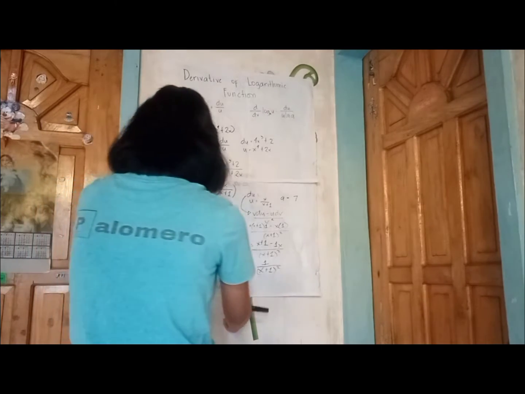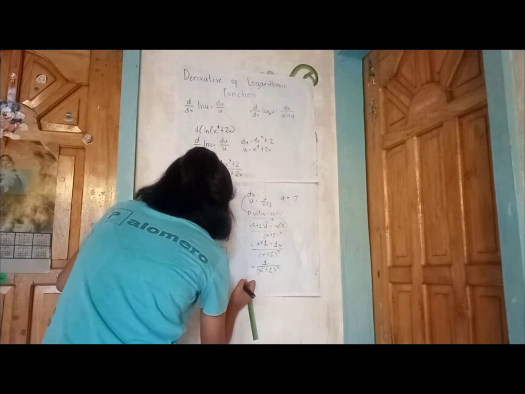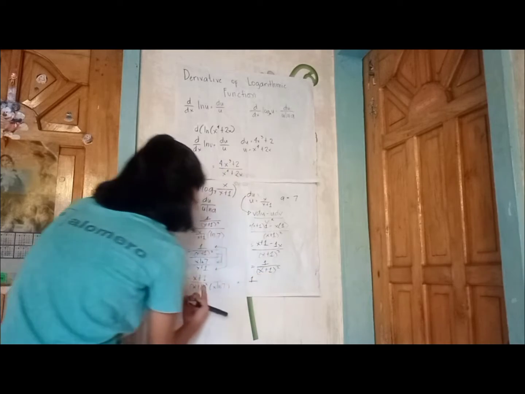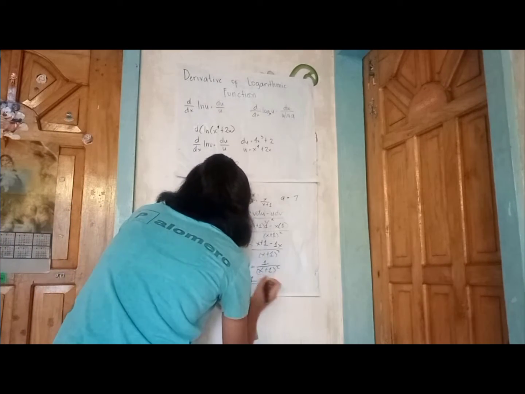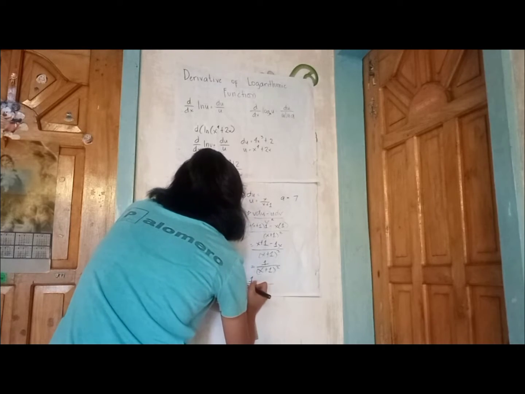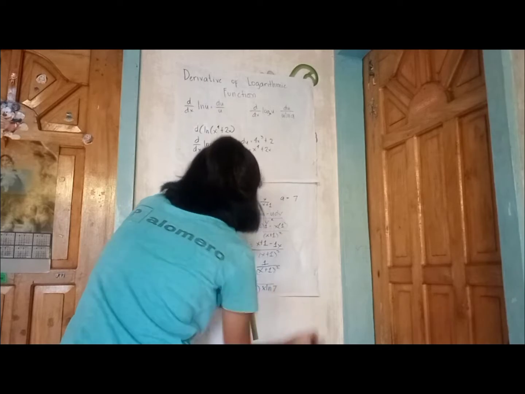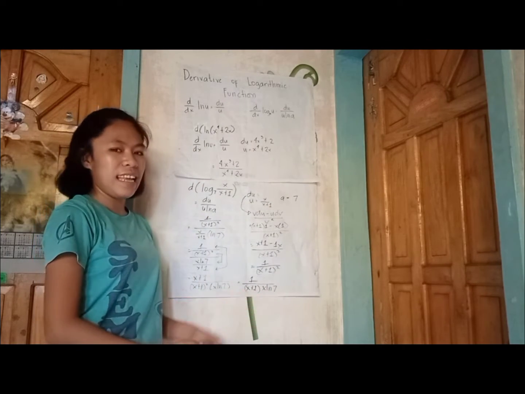Then our final answer is 1, because we can cancel this out, all over x plus 1 times x ln 7. So this is our final answer.